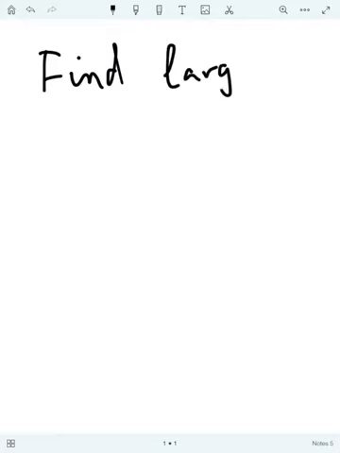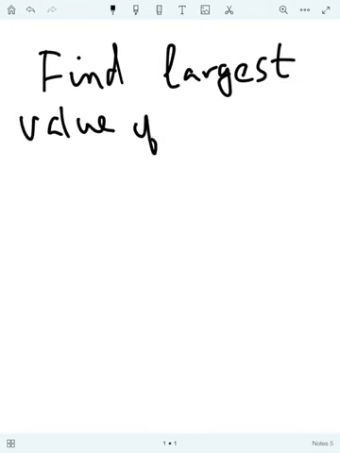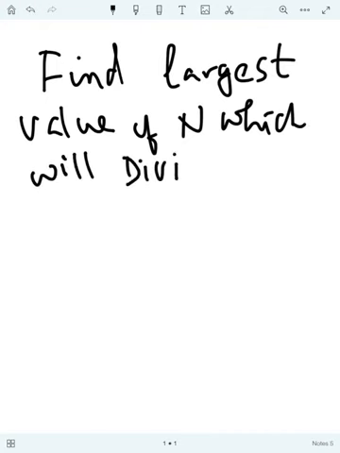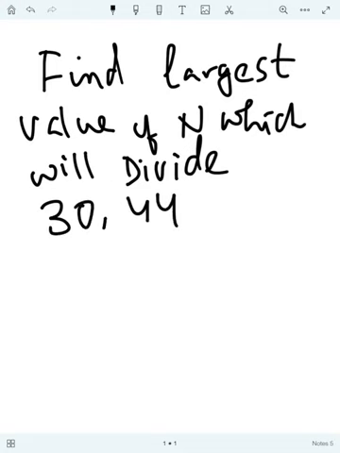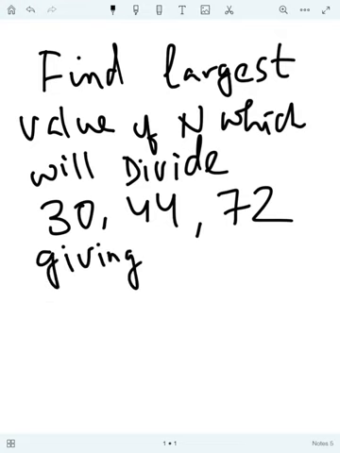Find the largest value of N which will divide 30, 44 and 72, giving the same remainder in each case.